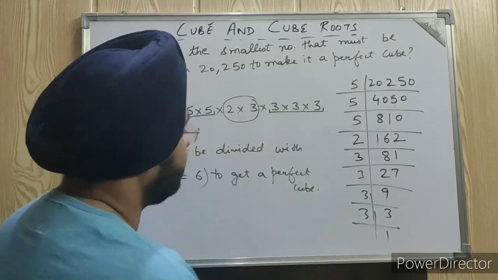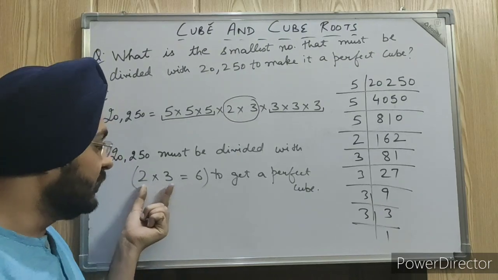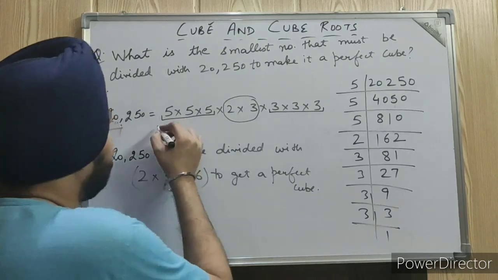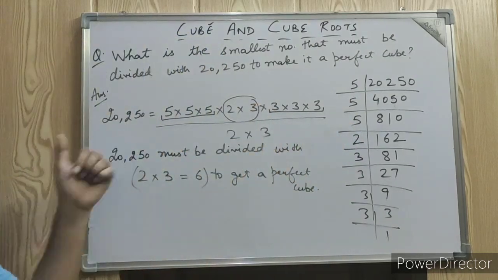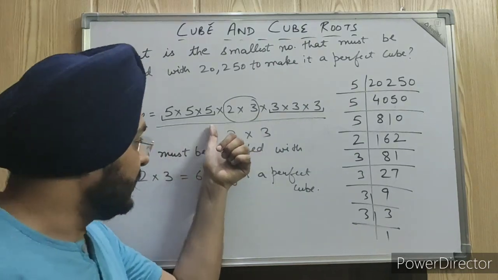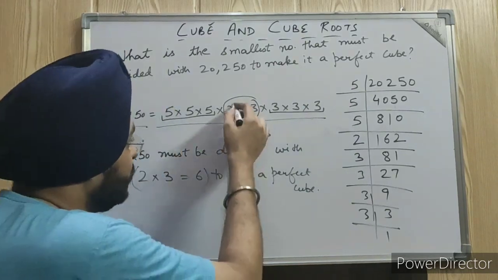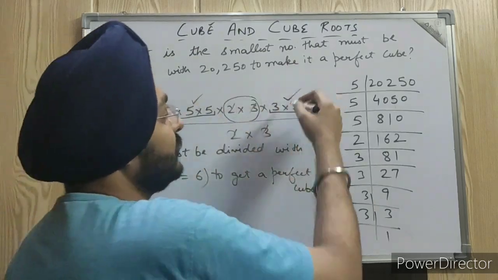In the case of division, when we will be dividing this 20,250 by 2 into 3, it will look like this. This 2 and 2 will get cancelled, this 3 and 3 will cancel. We will be left with just 2 triplets only.